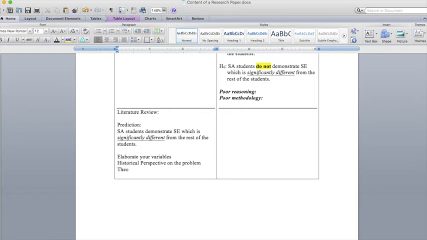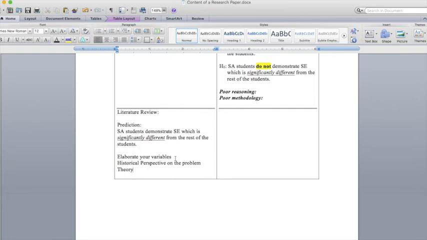And then you need to find a theory that could help you to explain how this problem goes and how this could be improved, right? So this is pretty much your literature review.